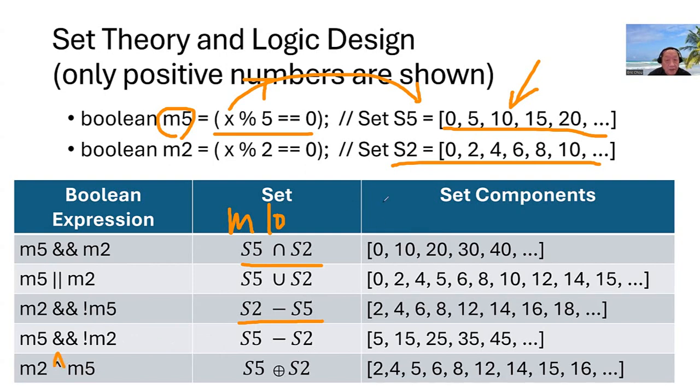M2 XOR, exclusive OR, means in one of the sets but not in both. So basically anything multiple of 10 is deleted. You can say it is equivalent to M2 minus M10, or M5 minus M10. Okay, you can think about it in that way.